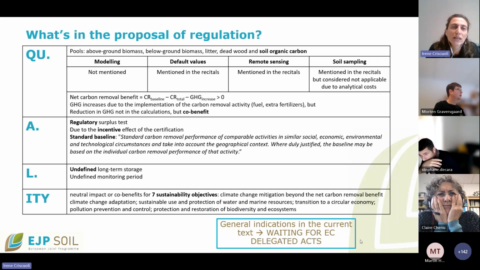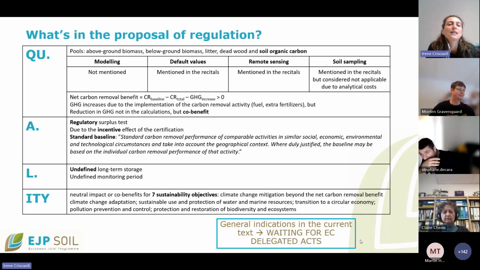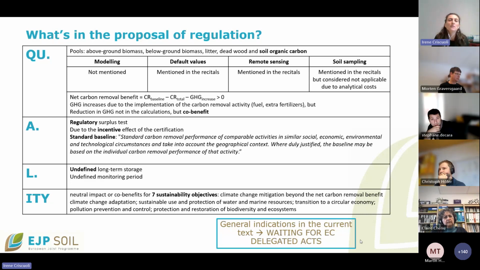But at the moment, what we can see is that carbon removals correspond to several carbon pools, including biomass and mainly soil organic carbon, that can be measured in different ways. At the moment, the European Commission is putting more attention on default values and remote sensing, while less attention is given to soil sampling because it's too expensive.